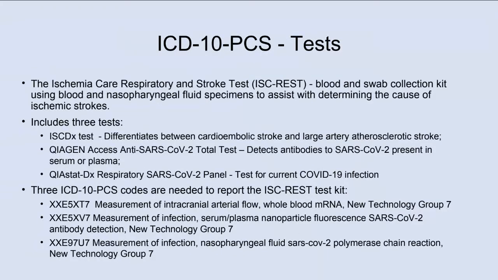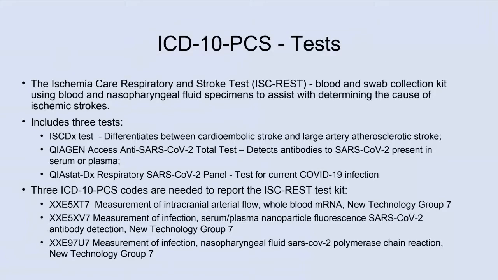So there's a test for COVID that requires 3 PCS codes. This is the ischemia care, respiratory, and stroke test. This test uses blood and nasopharyngeal fluid to determine whether a patient has COVID.